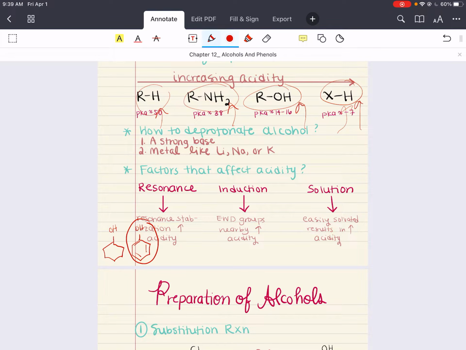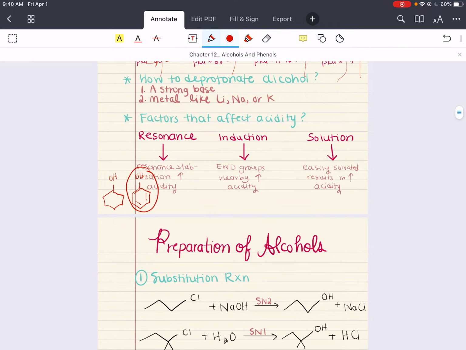The one with resonance. Induction also plays a very important role. The presence of electron withdrawing groups can increase acidity. Again, this is a nice reminder of our ARIO rules.